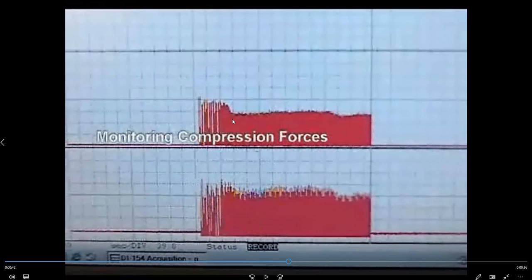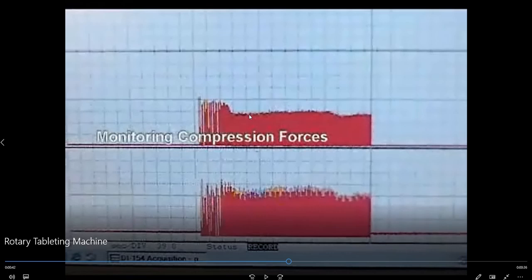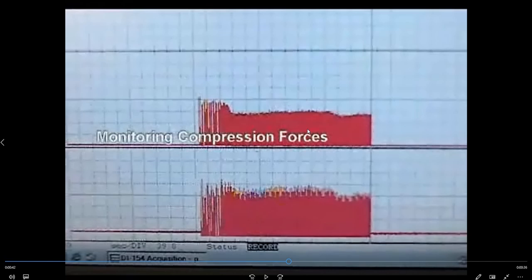There is not enough time for complete filling, or maybe the powder flow is getting worse and you have a problem with the powder flowability. So you can actually find out what will happen to the tablet weight just by watching the compression force. The compression force can indirectly tell you about the tablet weight.